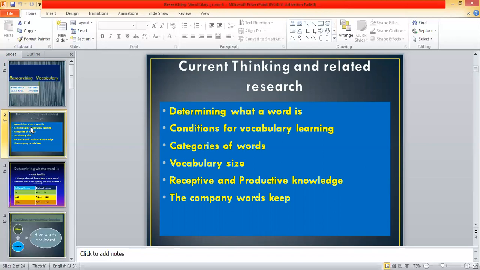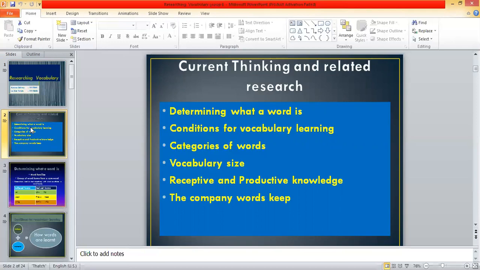That means how learners learn vocabulary, such as incidental learning or deliberate learning. That's the way we need to think about how to research when it comes to researching vocabulary.